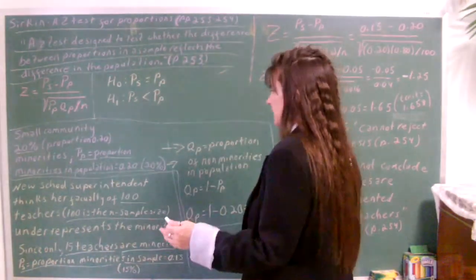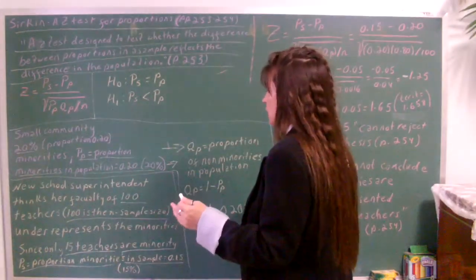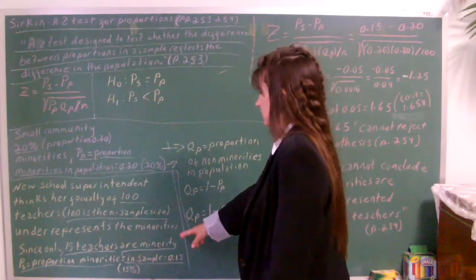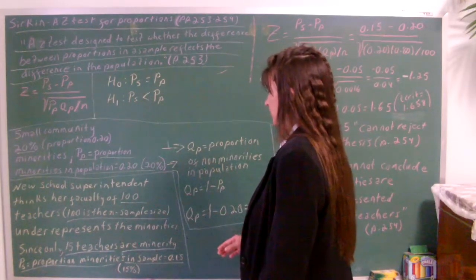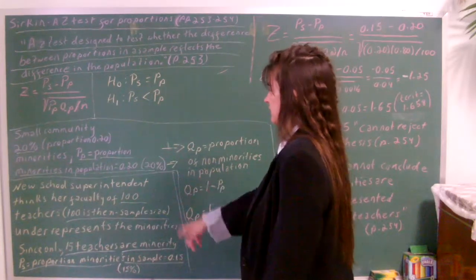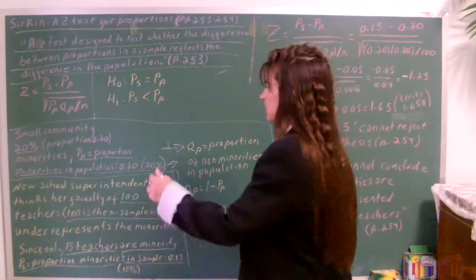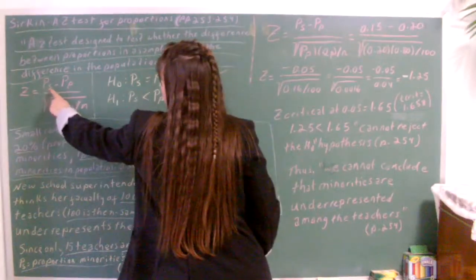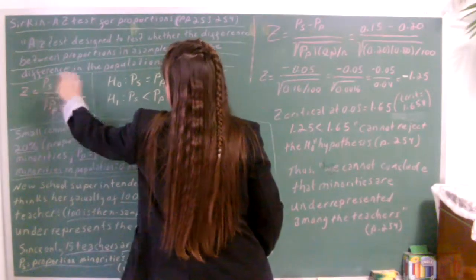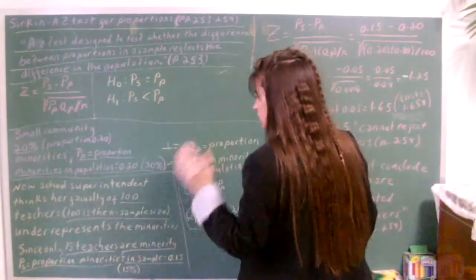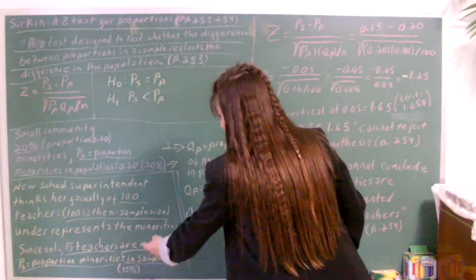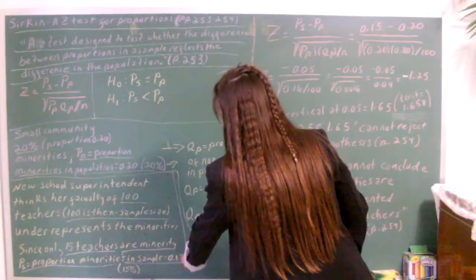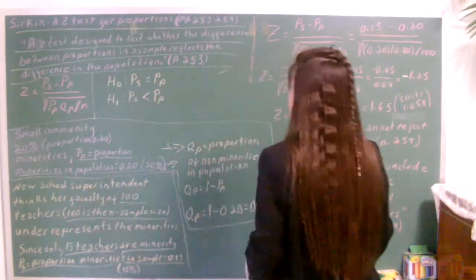She's thinking these 100 teachers underrepresent the minorities, since 15 teachers are minority. This is our sample. This is our p subscript s, p for sample. So our p subscript s is the proportion of minorities in the sample. It equals 0.15 or 15%.